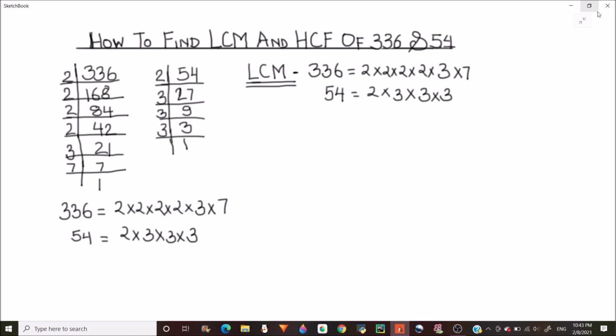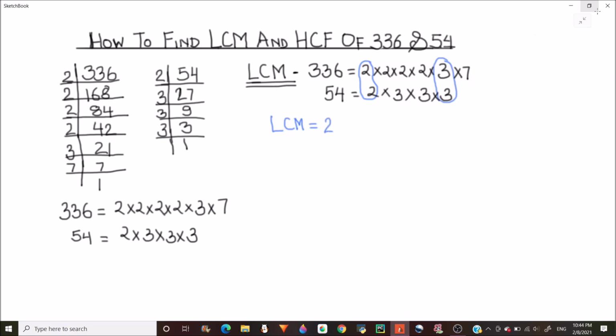For finding the LCM, we are going to first find the common factors between the two numbers. Here the common factors are 2, as this is common to both the numbers, and 3. So our LCM will become, we will take the common factors only once.